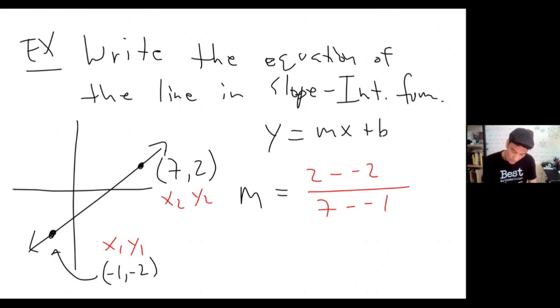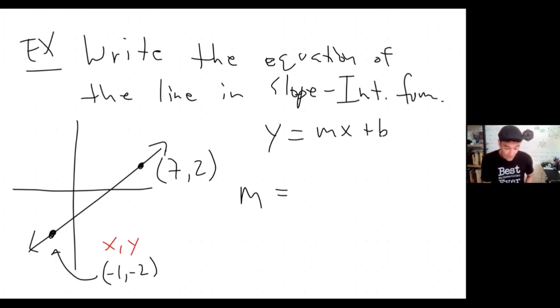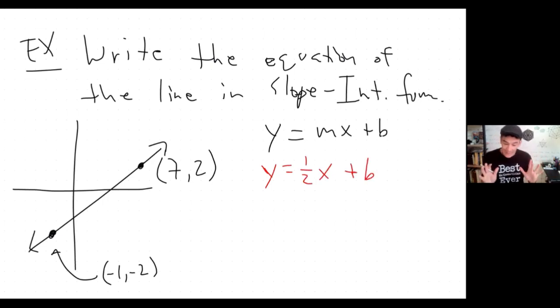And that becomes 4 over 8, which is 1/2. Our slope m is 1/2. So plug that in for m. So right now you have y equals 1/2 x plus b. All you need to do now is find b, and we're finished. B is the y-intercept. On the graph, it's this guy here. But we don't know what that point is. It's not given to us. So we have to find b a different way.